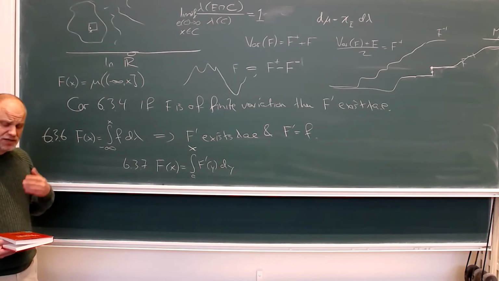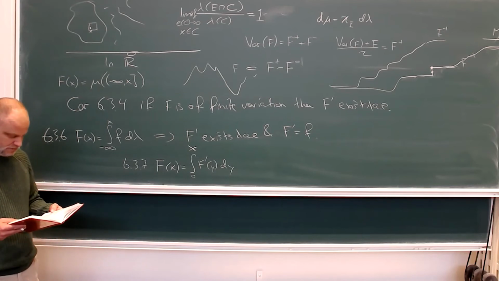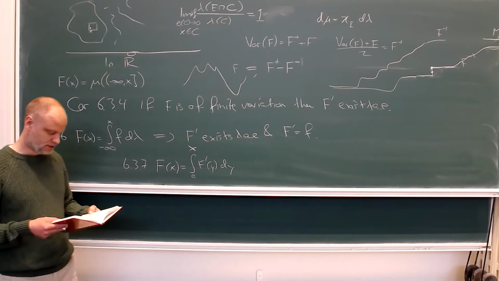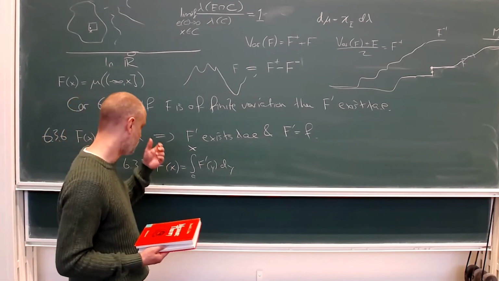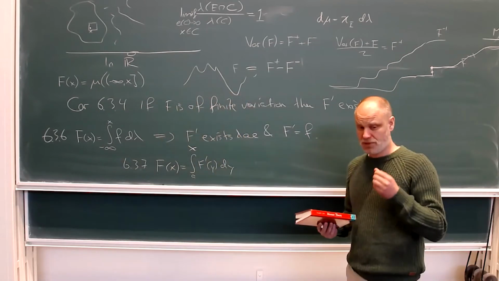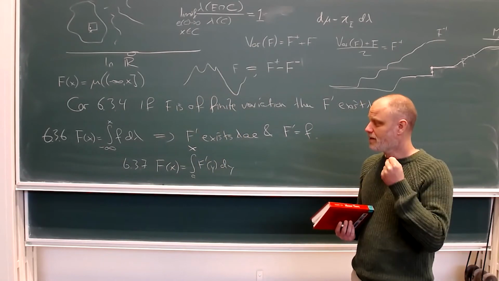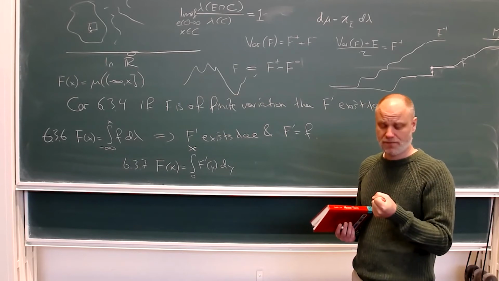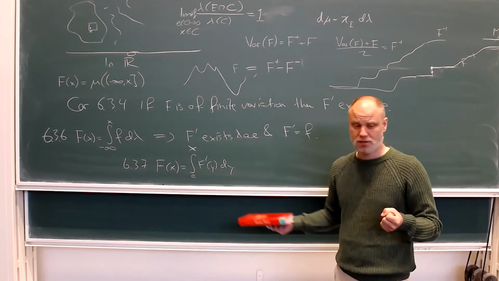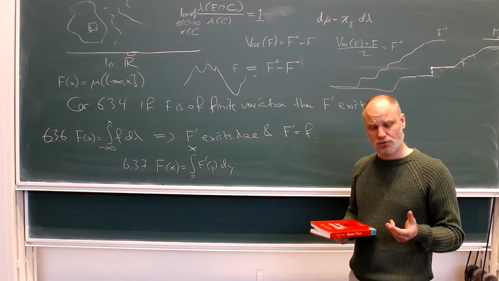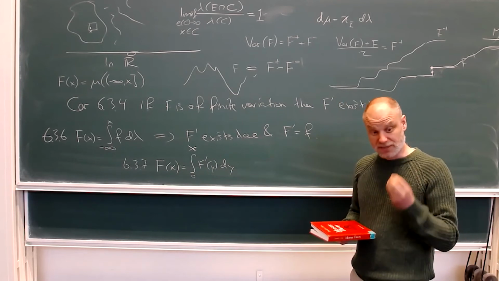You don't need to check finite variation; that apparently follows. That's an exercise here, the first line of the proof. Okay, but this is still unsatisfactory in the sense that if you just sit with big F and you don't have this formula, checking absolute continuity of a function is difficult.